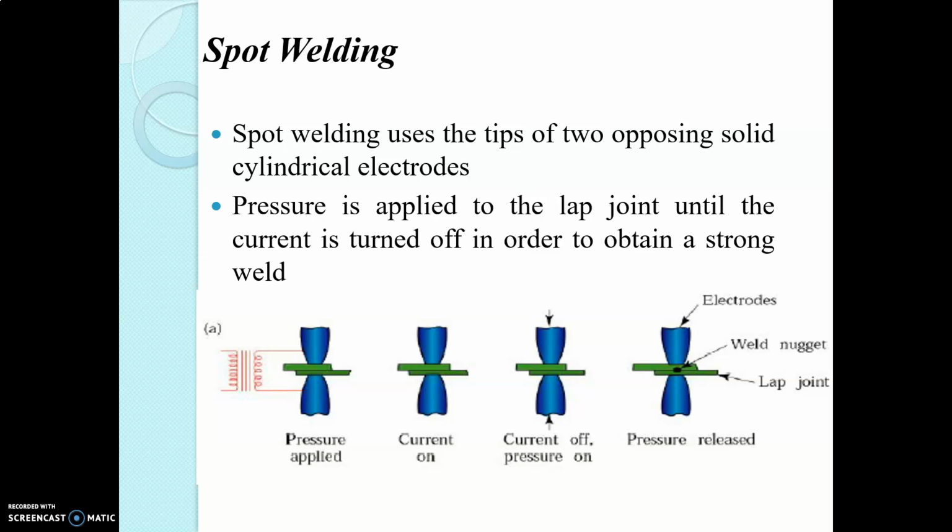Spot welding is used for welding lap joints, joining components made from plate materials which are 0.025 mm to 1.25 mm in thickness. The plate thickness is limited by the pressure and the current capacity of the available spot welding machine.